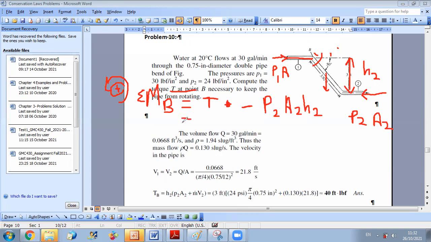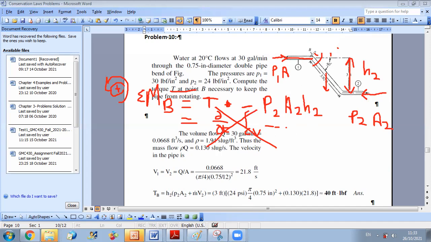This should be equal to what? This should be equal to del by del t of the angular momentum in the control volume, so the integral over the control volume of the angular momentum term. But since it's a steady application, this term will cancel out. So we just have the angular momentum fluxes crossing surfaces.